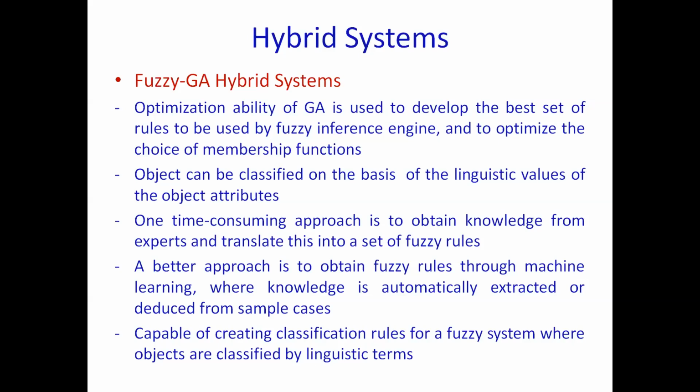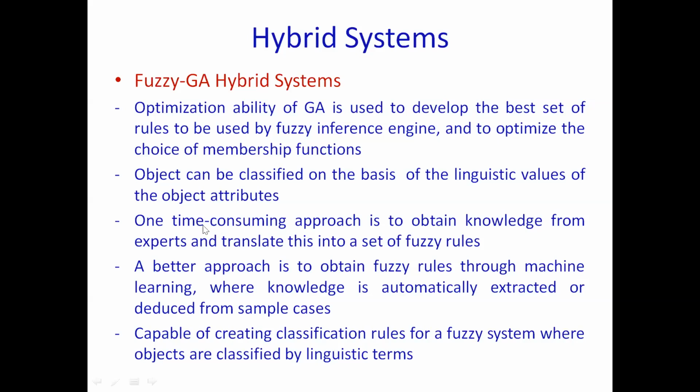Now the most difficult part of building a system like this is to find the appropriate set of fuzzy rules. The most obvious approach is to obtain knowledge from experts and translate this into a set of fuzzy rules. But this particular method is very time consuming.